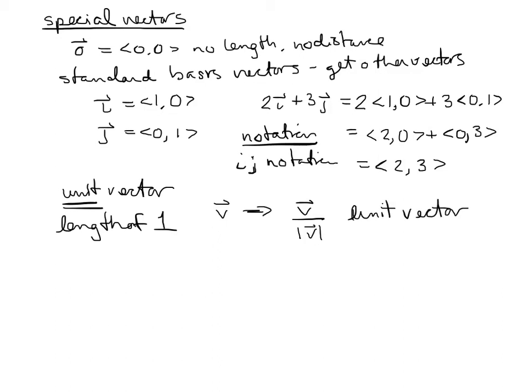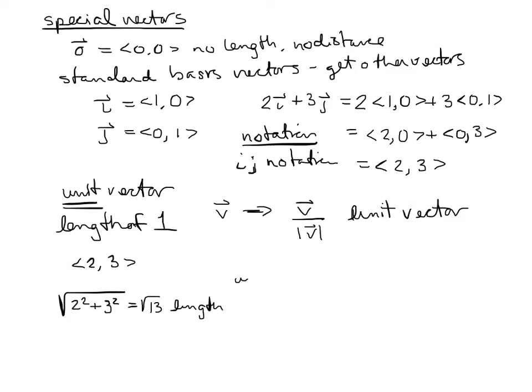So if we took the vector 2, 3, right now that vector has a length of square root of 2 squared plus 3 squared. So that would be 9 plus 4, that's root 13 right now is its length.